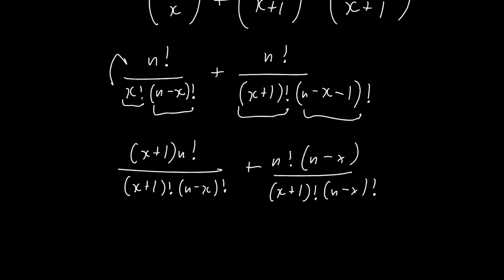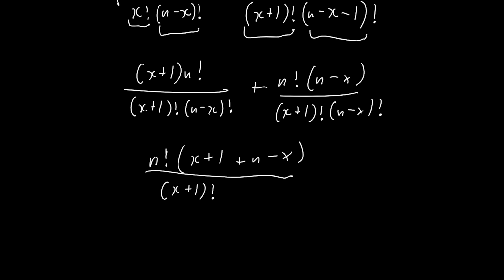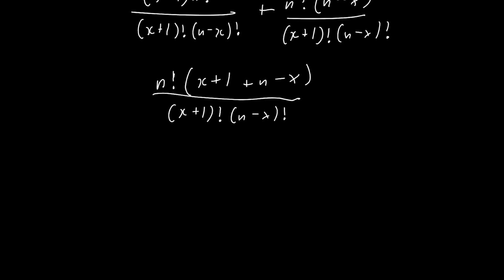So adding these together, we can also factorize out that n factorial straight away. We have x plus 1 plus n minus x over x plus 1 factorial n minus x factorial. And you can see here that these x's cancel out on the numerator.